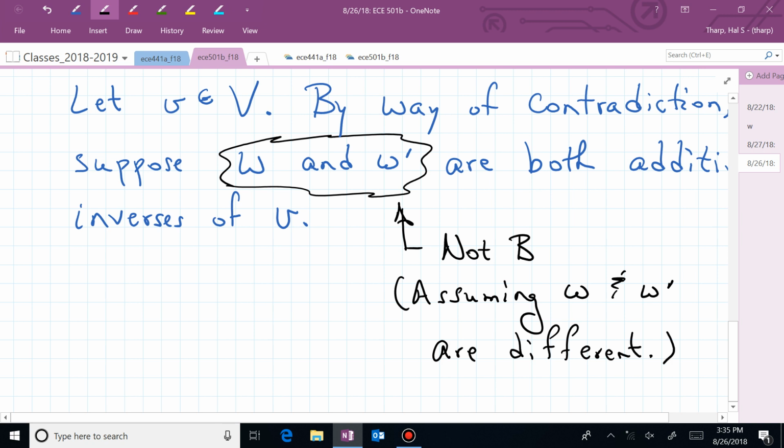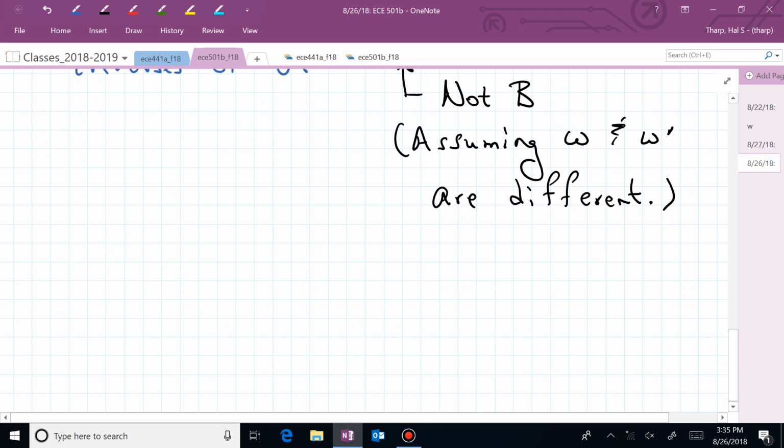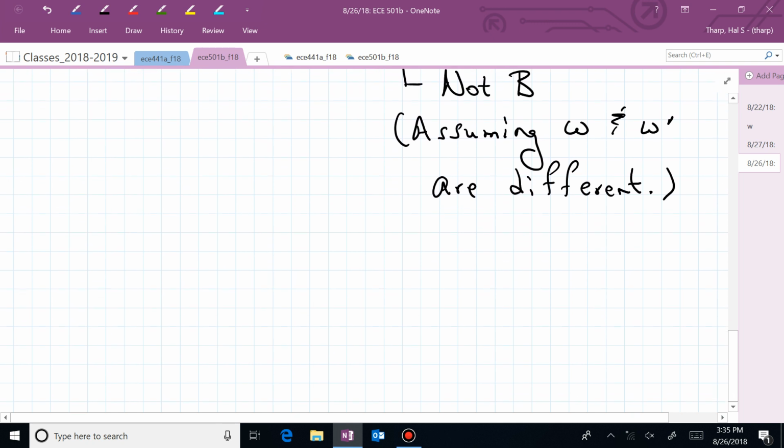So suppose W and W prime are both additive inverses of V. We're looking now for a contradiction.